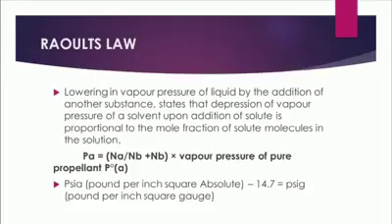Lowering in vapor pressure of liquid by the addition of another substance states that depression of vapor pressure of a solvent upon addition of solute is proportional to the mole fraction of solute molecules in the solution. PA is equal to Na divided by Na plus Nb into vapor pressure of pure propellant.